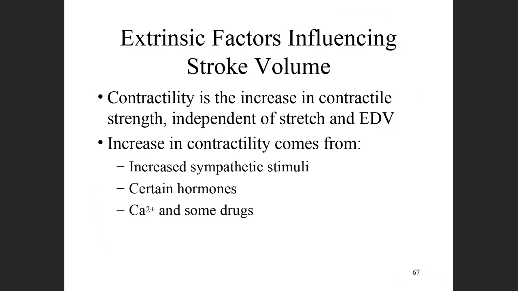What are some of the other extrinsic factors that can regulate contractility? Increased contractility increases stroke volume. I would say sympathetic nerve is the most important one, right? Calcium and some drugs as well.